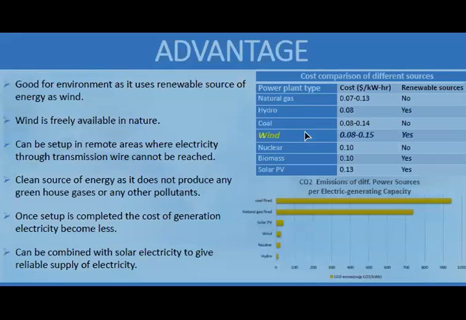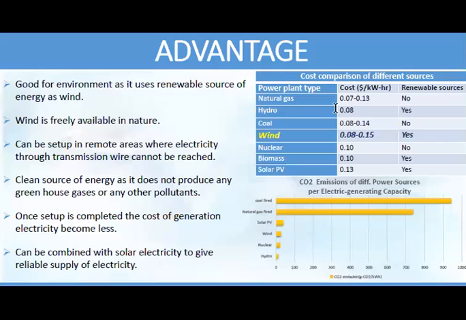For hydro, that is 0.08, and for coal it is 0.08 to 0.14, and for wind it is 0.08 to 0.15, and for nuclear it is 0.10, biomass it is 0.10, and for solar PV it is 0.13. So wind, hydro, biomass, and solar PV are the renewable sources, right?